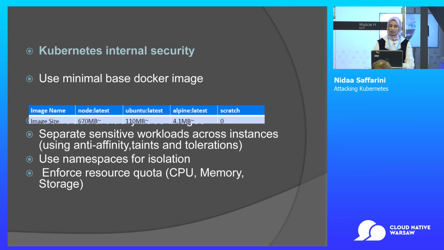But if you determine a resource quota for the pod, for sure you will prevent denial of service at least for the rest of the pods if this pod gets down. It's like making a sandbox for the other pods to keep them from utilizing their resources. Namespaces are very important.